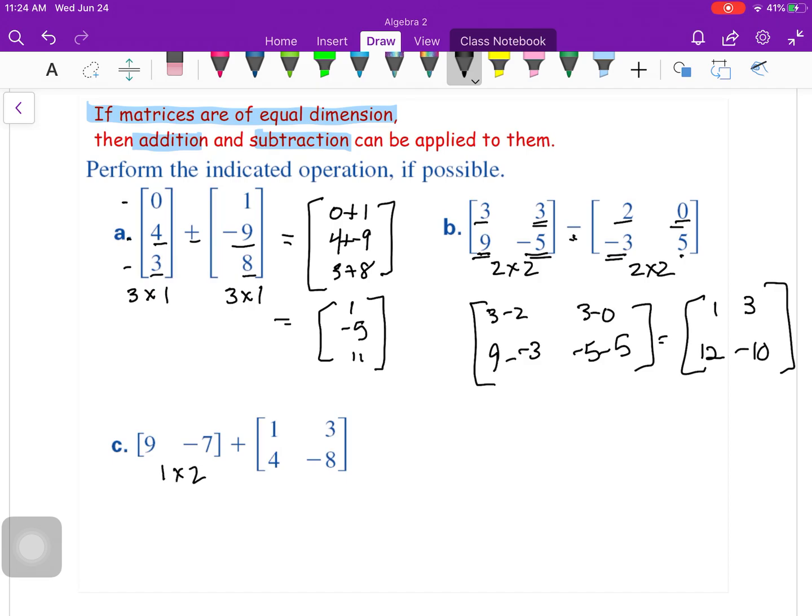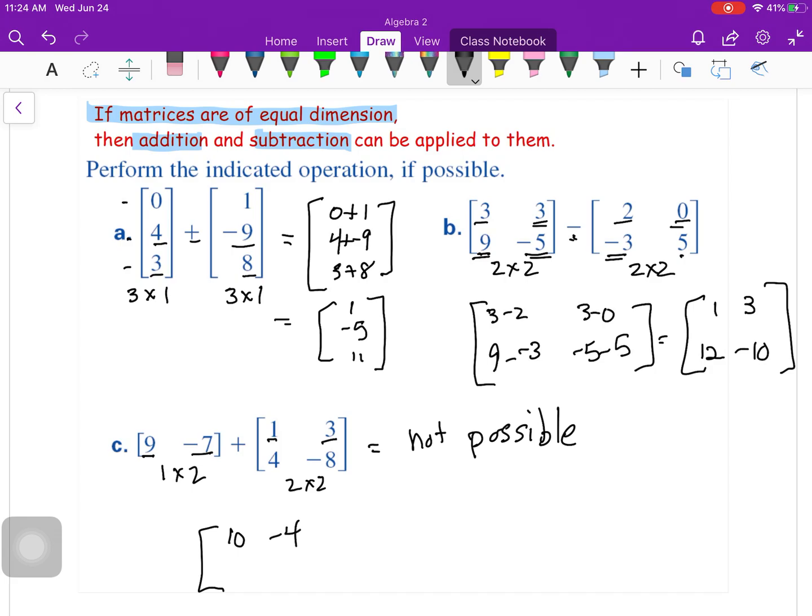And in problem C, I have a 1 row by 2 column matrix and a 2 by 2. So this will not add. It is not possible. And I'm going to show you that. I can take row 1, column 1 plus row 1, column 1, and I would get 10.